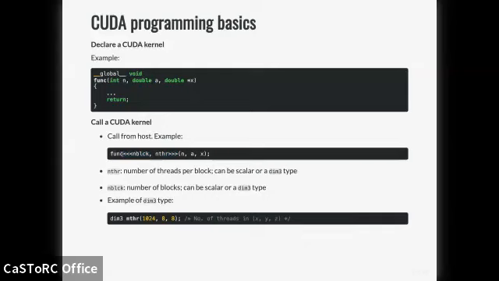Basically you call the function as you normally would, but you insert these pointy brackets to signify that this now is to be run on the GPU. What you specify here is the number of blocks and the number of threads per block. These two should be integers.